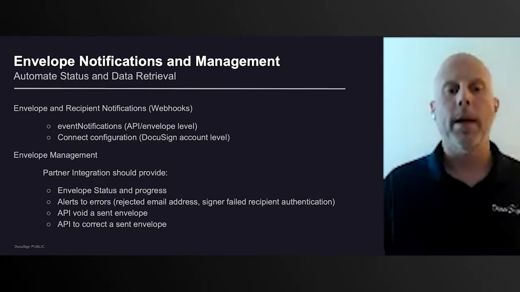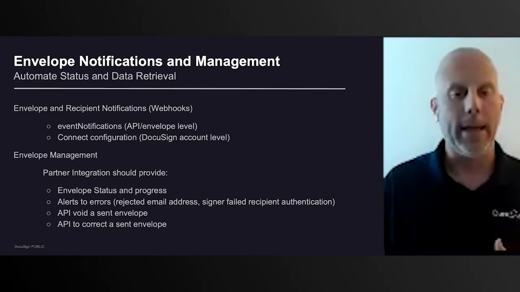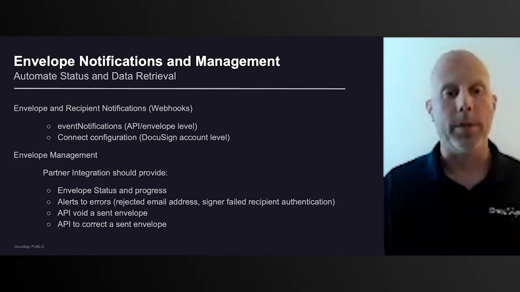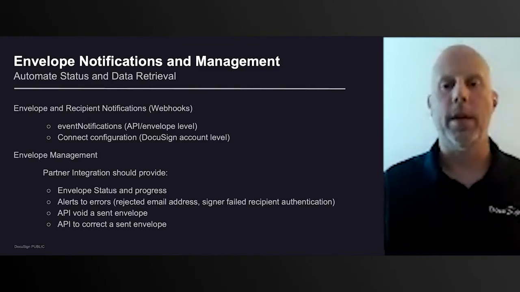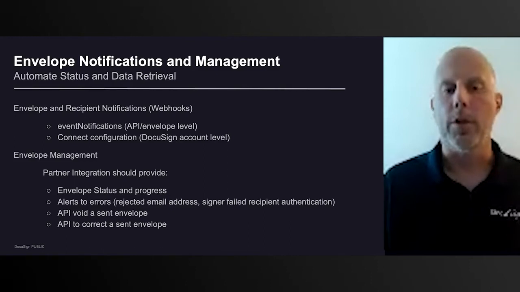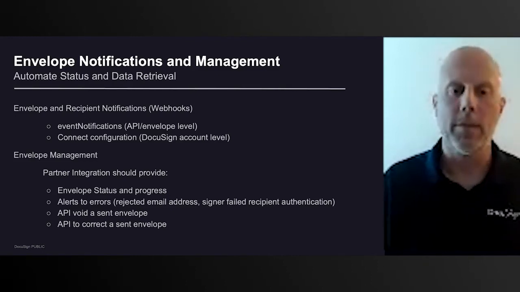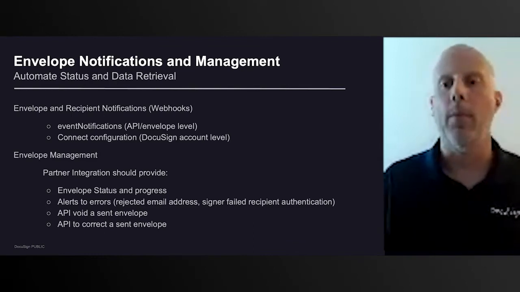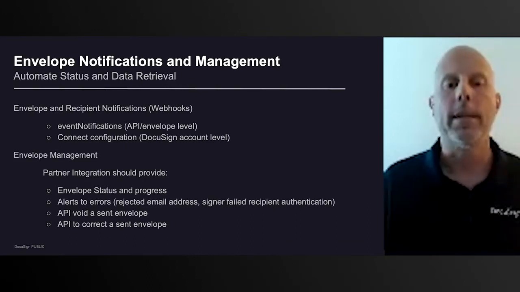The best way to do this in terms of notifications on envelope and recipient status is using our webhooks. You can choose two different flavors, which is event notifications at the envelope level in the API. Include event notifications in your API call. It is very flexible. You can use it on really any of the DocuSign plans of your customers, and you're controlling where we will direct that automated message for status.